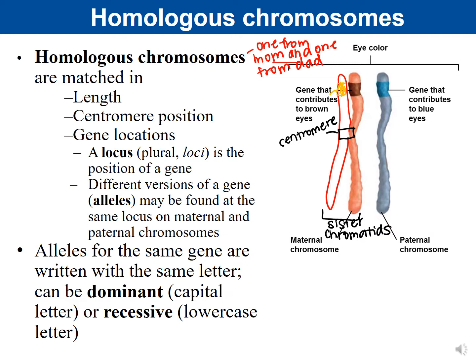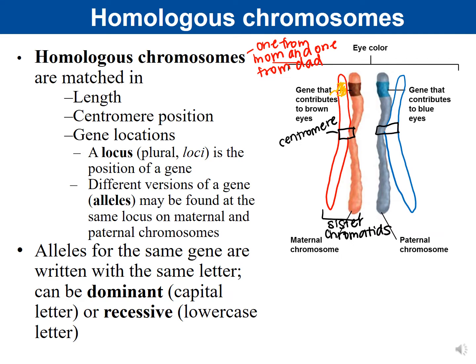Now, if we compare that to its homologous pair, so here is the paternal chromosome, and we're going to draw its sister chromatid. And again, what makes homologous chromosomes the same is that the position of the centromere is the same.